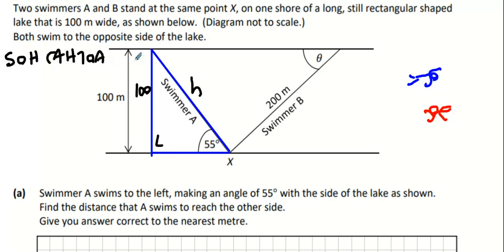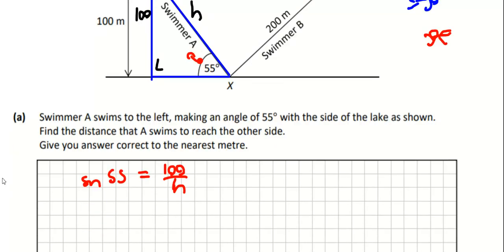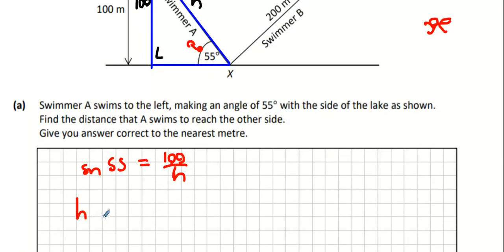SOHCAHTOA. And we're looking at sine, because opposite the 55 degrees is 100. So we're going to get sine 55 degrees equals opposite, which is 100, divided by h. Now, the h will go upwards because it's division on the right, which means it's multiplication on the left.